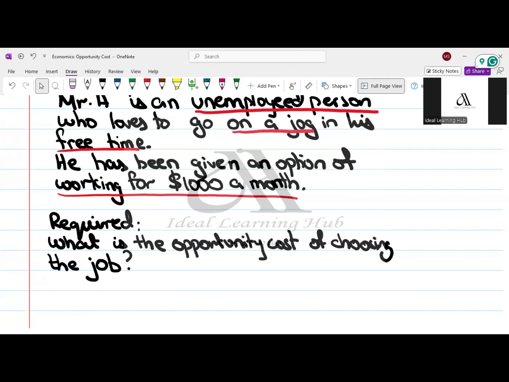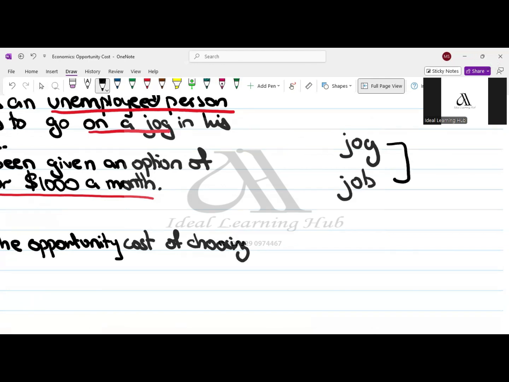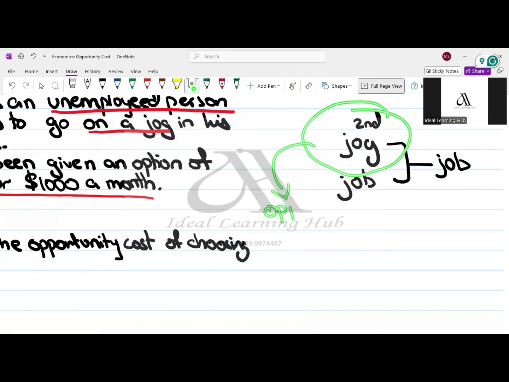And here, jogging is the second best option because we can always make a chain. Jog and job. Mr. A chose job, so jog is the opportunity cost.